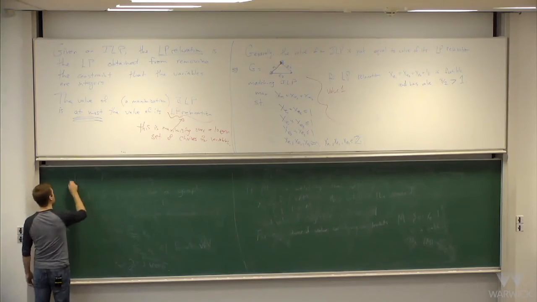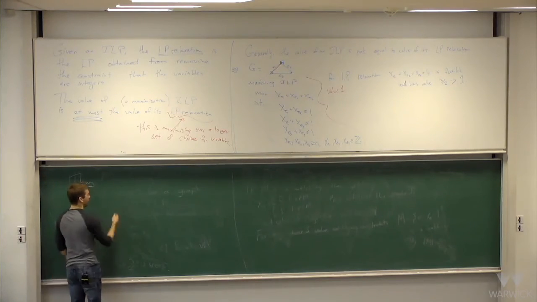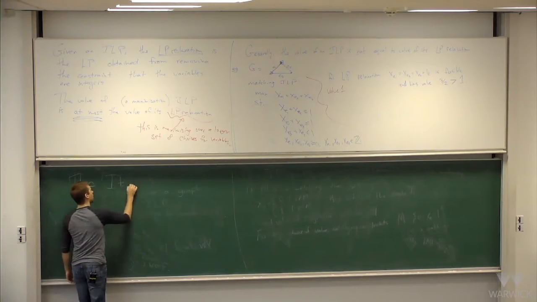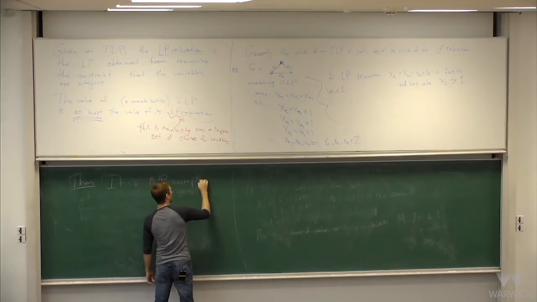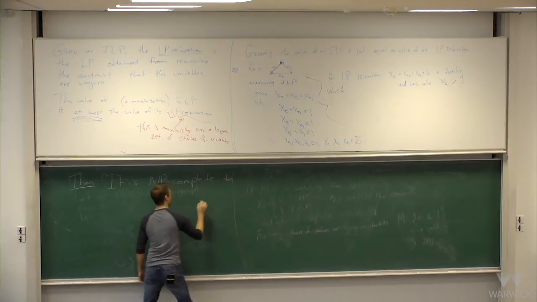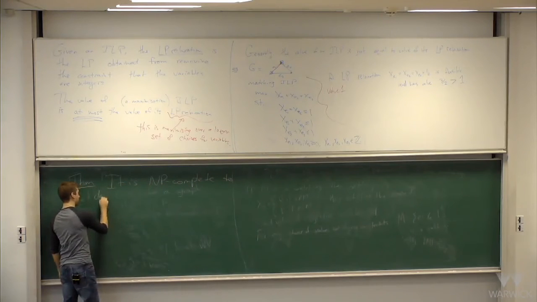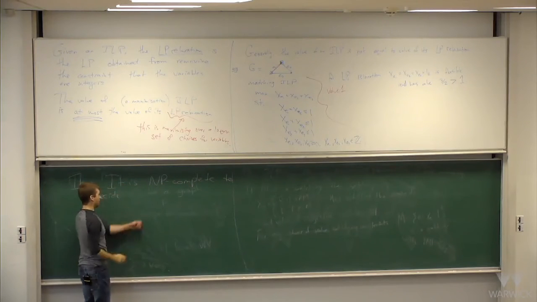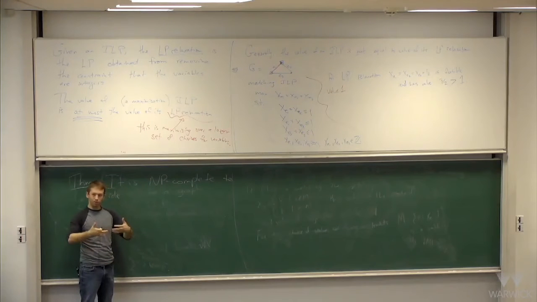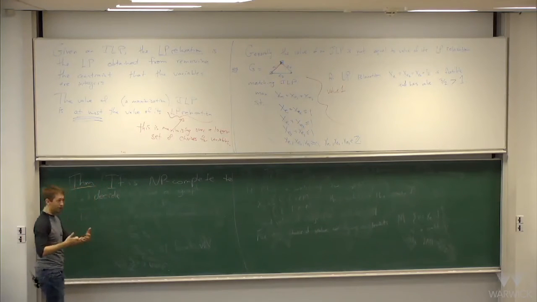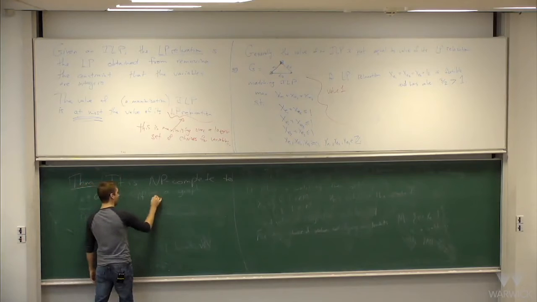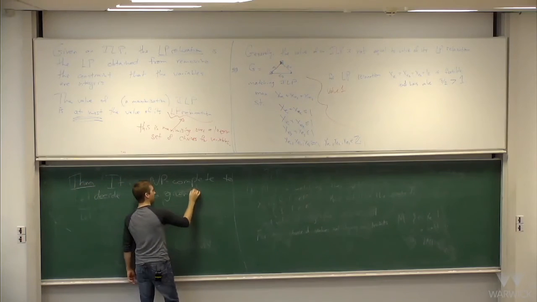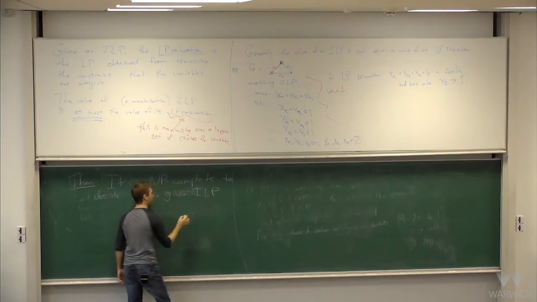So it is NP complete to decide. Remember, when we talk about NP complete, it's always a decision problem. It has to be a yes or no question. But it's NP complete to decide if a given integer linear program is feasible.